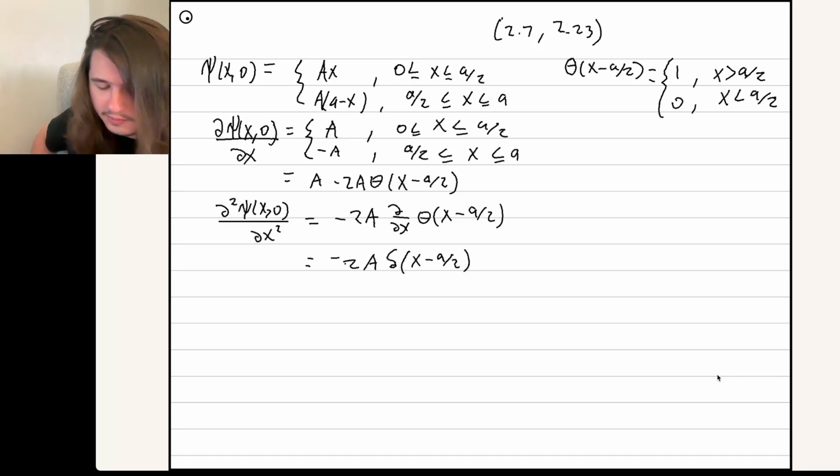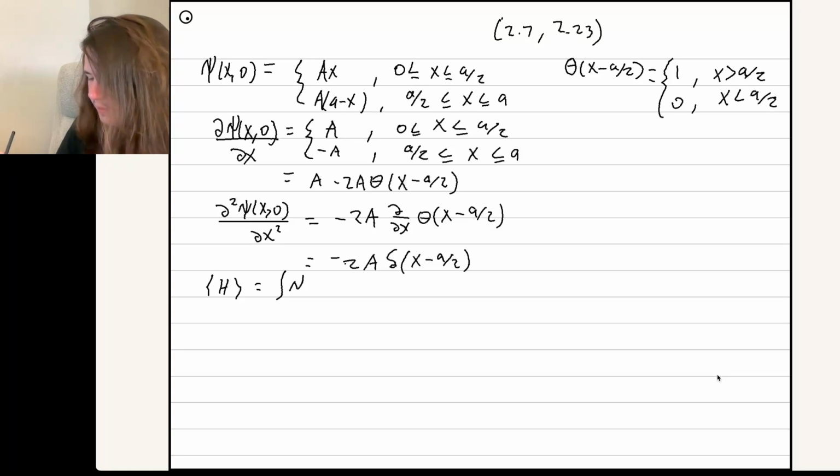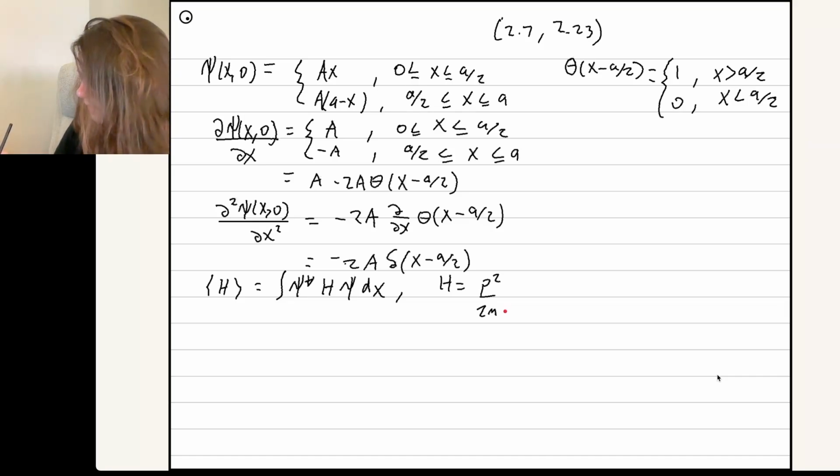Finally, Griffiths is going to be like, now reevaluate your answer for the expectation value of energy for this wave function in the infinite square well. And so that's going to be the integral of psi star H psi dx, where H is the Hamiltonian for the infinite square well, which is just the kinetic energy operator, expanding the definition of momentum.